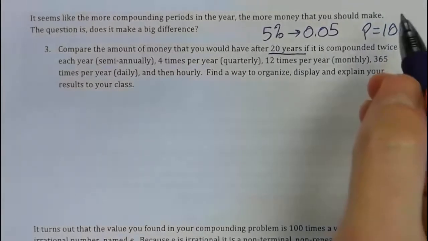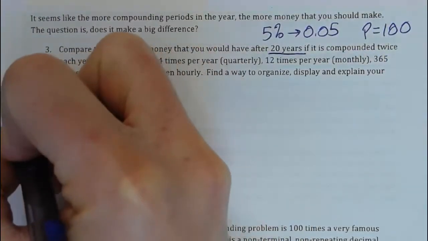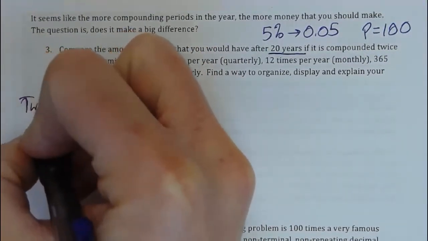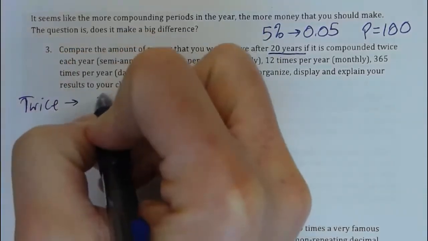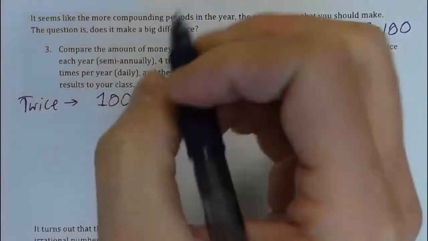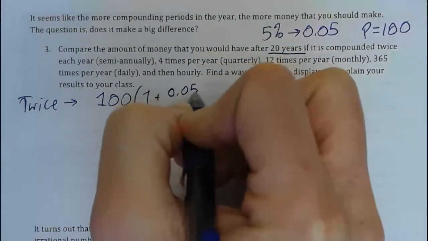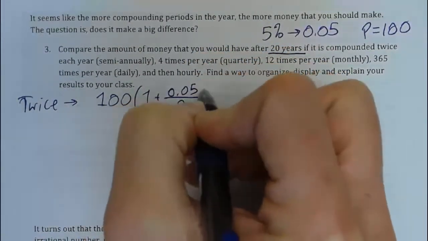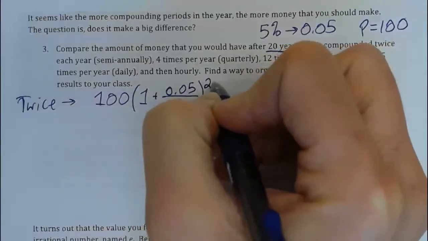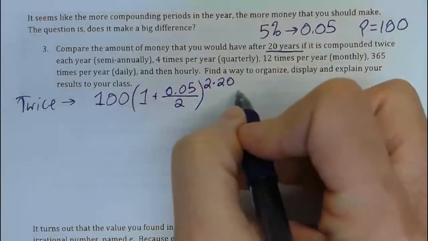So for starters, let's do twice a year. So for twice, we would have 100, and then we have 1 plus our percent, 0.05, divided by 2, and then 2 times 20.